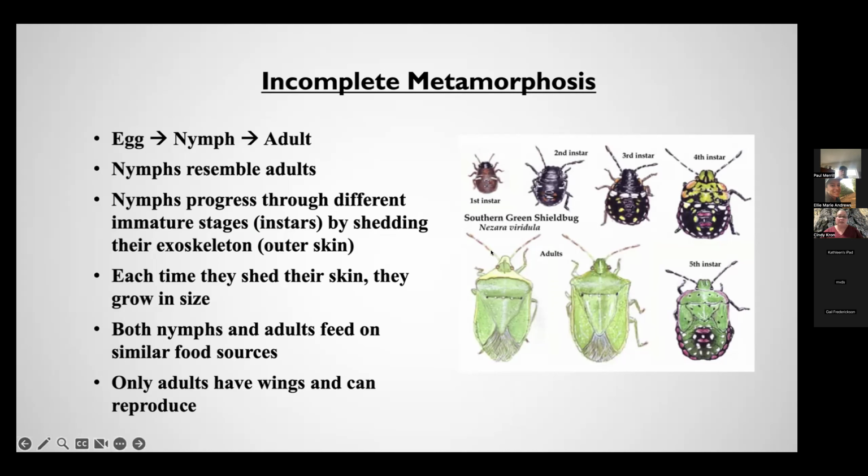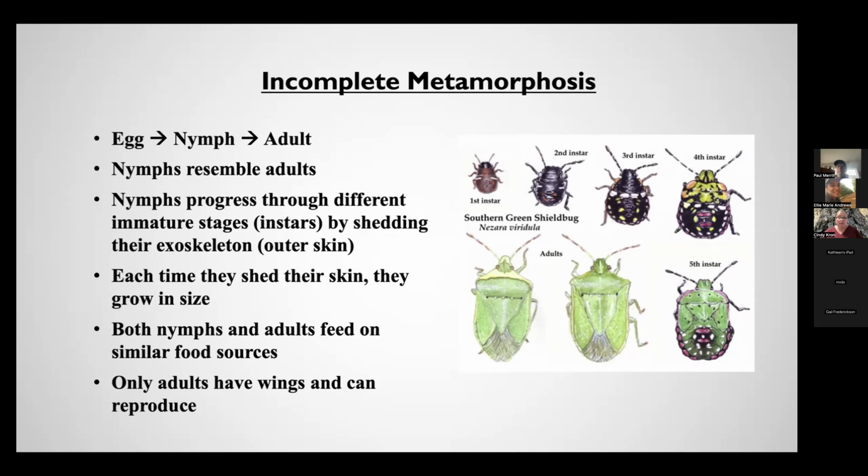The nymph progresses through these different immature stages by shedding their exoskeleton, or their outer skin. They shed it, and then they're able to expand and grow before the exoskeleton hardens. Then they feed, and shed it again, and grow and expand before the exoskeleton hardens again. So each time they shed their skin, they grow in size.